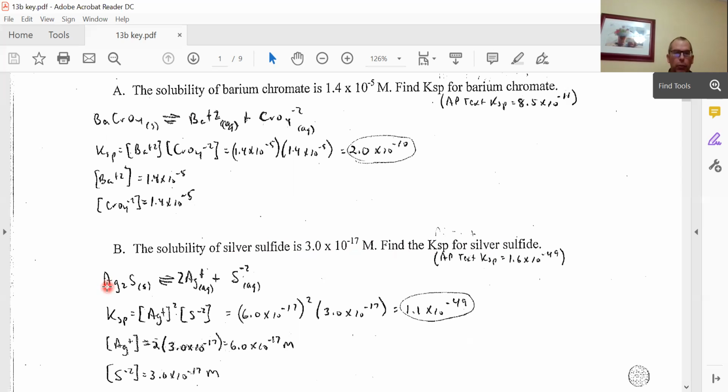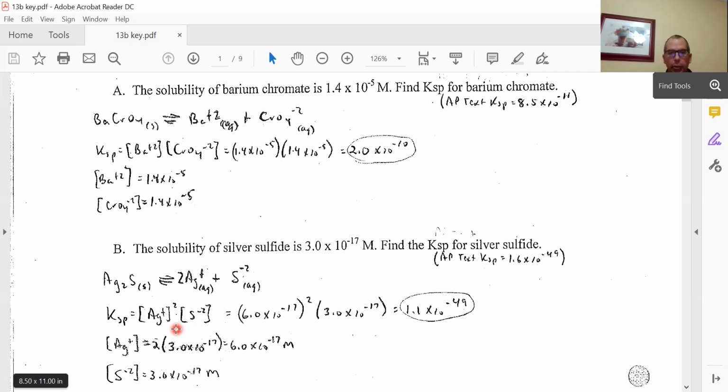Silver is +1, sulfide's -2, so it's actually Ag2S. When this breaks up, it breaks into 2Ag+ plus S -2. Then I write the appropriate KSP expression: Ag+ gets squared, times the S -2, and the solid isn't included. There's a 1 there, so we just exclude the 1 in the denominator.